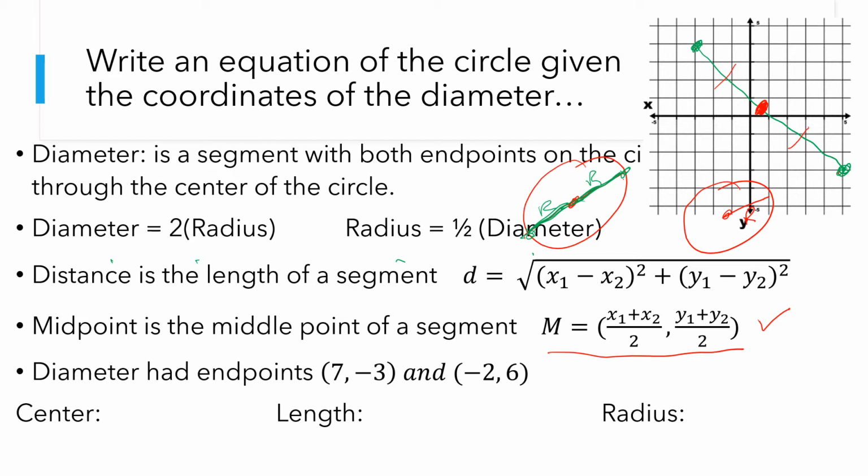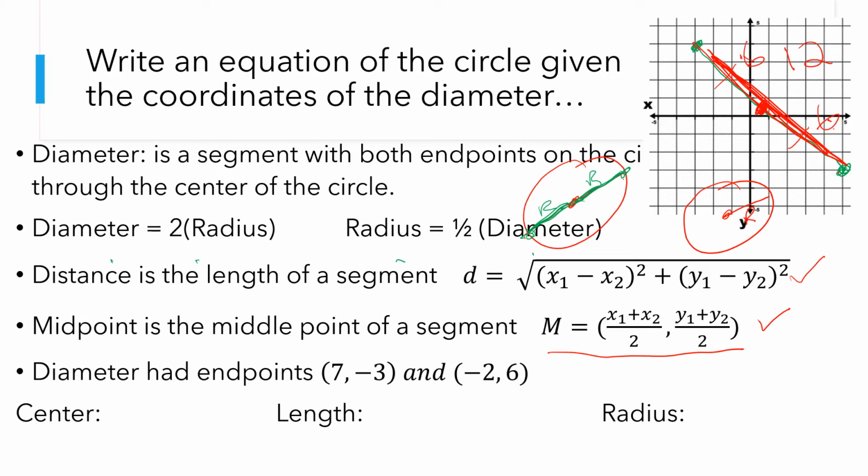Then the other formula, the distance formula: if we find the length of the diameter, let's say it was 12, I'm just making up numbers, then we should be able to find the radius because it's half the diameter. So it would be 6 and 6 or whatever the case may be.